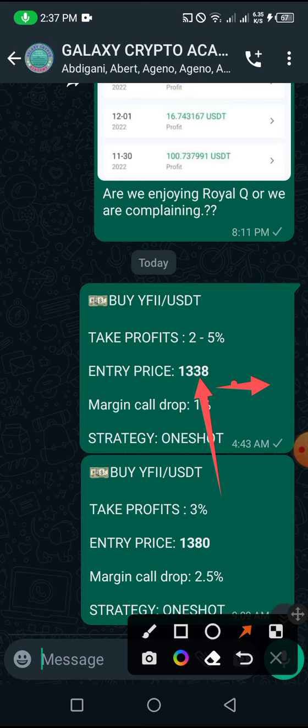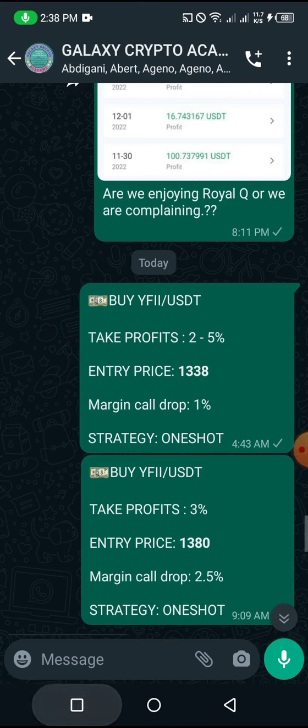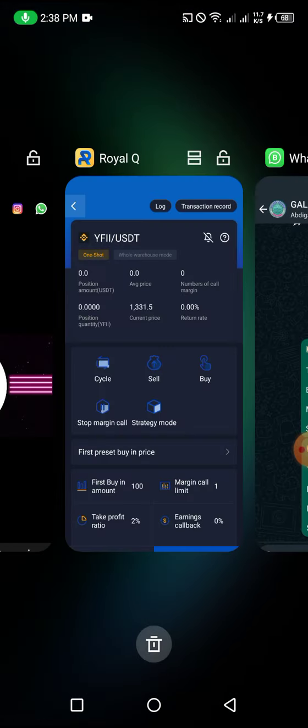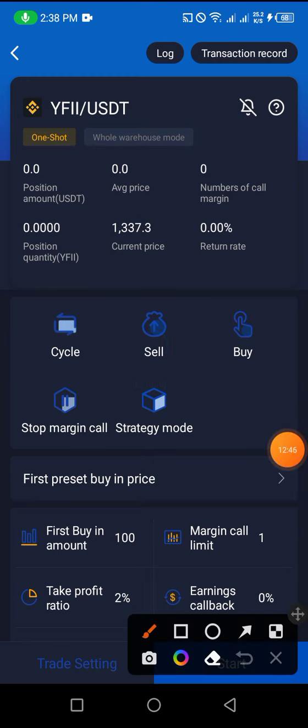So let's assume that instead of 1,338, the entry price was 1,329, just for example purposes. I'll come back here and enter that very price here, the entry price, or the price at which I want the robot to make a buy or to enter the market.